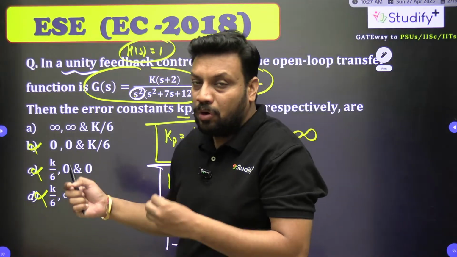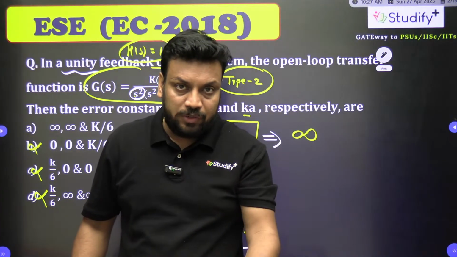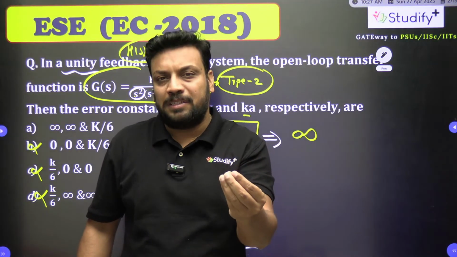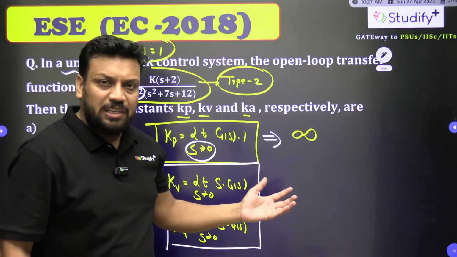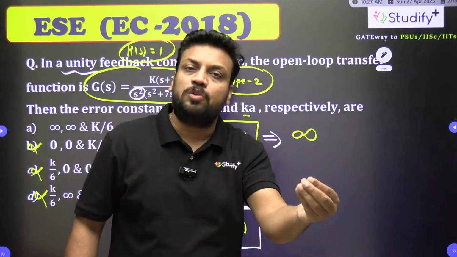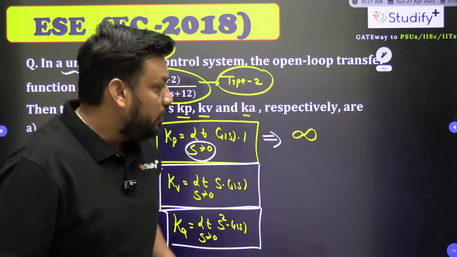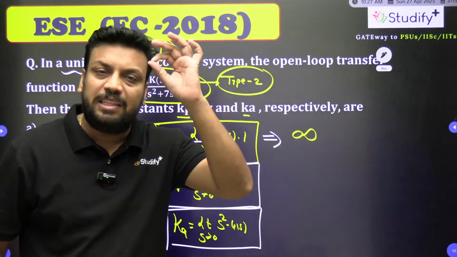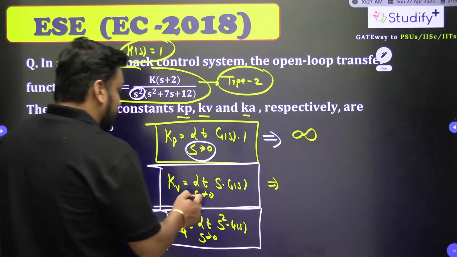If you are able to comment on the options and eliminate 3 out of 4 options, even in 25% of the solution, then we have not yet reached the final solution, we have just solved 25% of the actual solution, but that still allowed us to eliminate 3 of the 4 options. If you can eliminate 3 options among 4 in an MCQ, then there is no need to see the 4th option. But still, because we are in the learning stage, I will check the Kv and Ka values also.